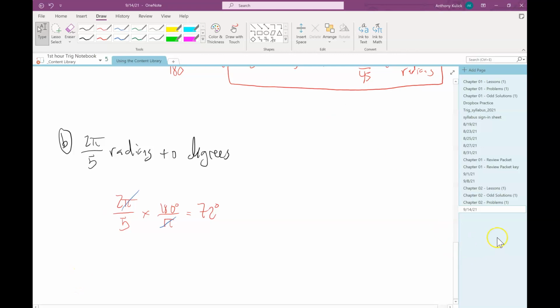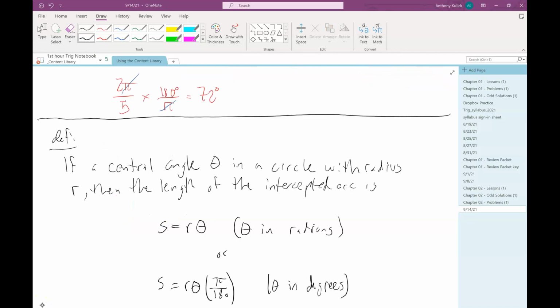Now, the next thing we want to do is talk about the relationship between arc length and angles in radians. So let's discuss how to do that. Let's say we have a central angle that we'll call theta. That circle with the line through it is just the Greek letter theta.